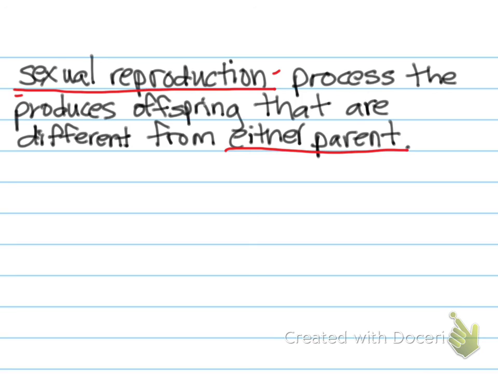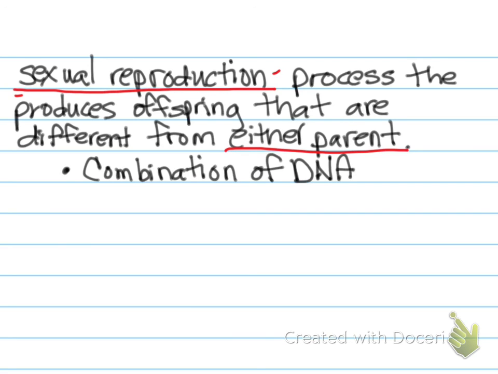So there are some characteristics about sexual reproduction that we will write down as well with this definition. When you have an organism that reproduces in this way, they have a combination of DNA. They have half of their mom's, half of their dad's.